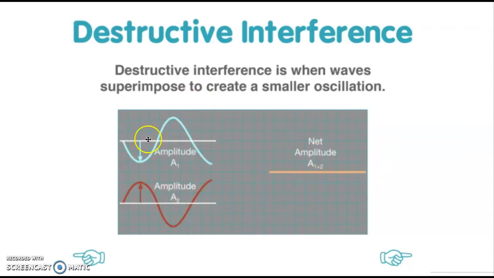So have a think, what kind of phase difference can you see between these two waves? They're basically out of phase by half a cycle, which is pi, right? So if there is pi difference, then you would say that they were destructively interfering.